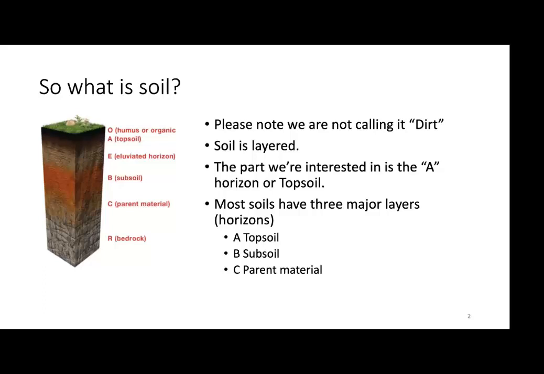The humus layer is called the O horizon, while the topsoil is the A horizon. Just below the topsoil, there's a mixed layer called the alluviated horizon, which is a mixture of subsoil and topsoil. It gets mixed in by some of the creatures that we're going to talk about just a little later on.